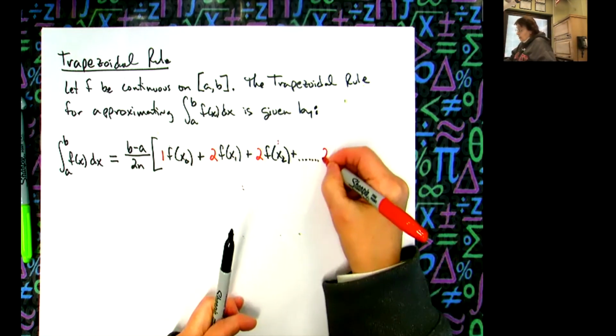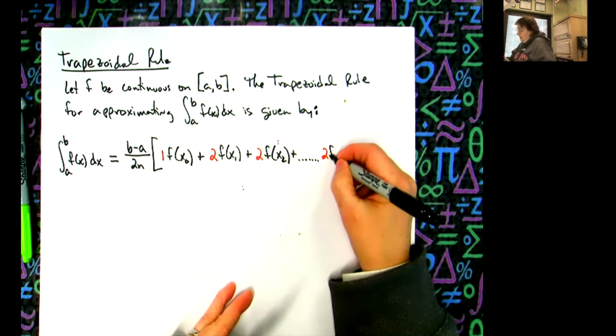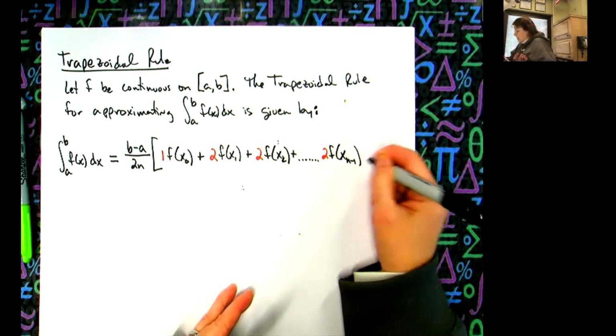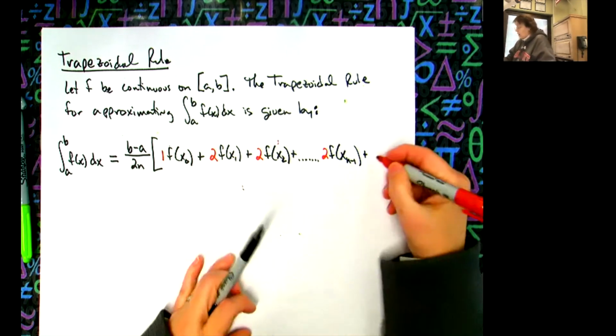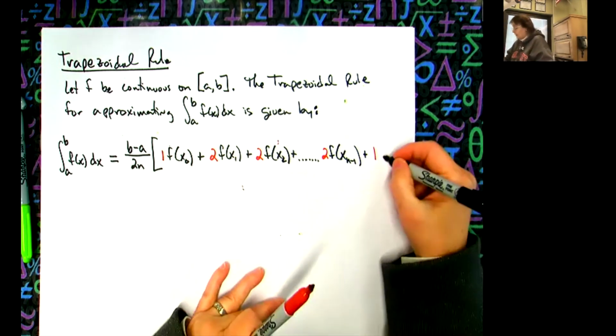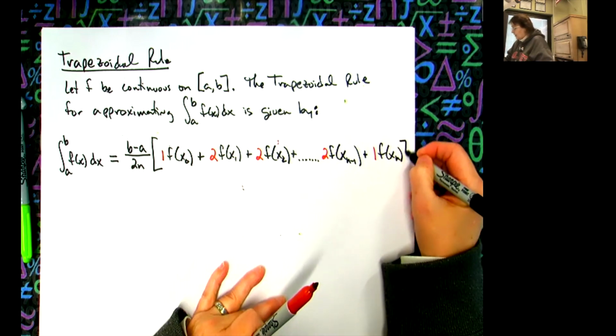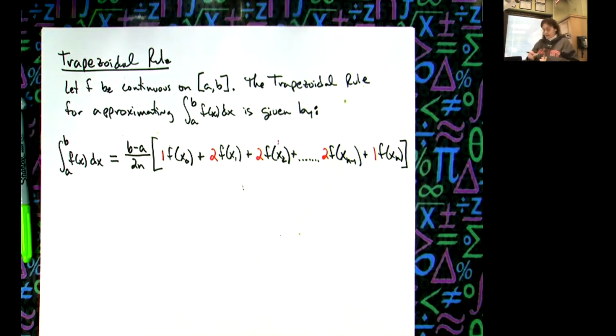And then it's going to be 2 times f of x sub n minus 1 plus 1 f of x sub n. I will explain here in a minute.